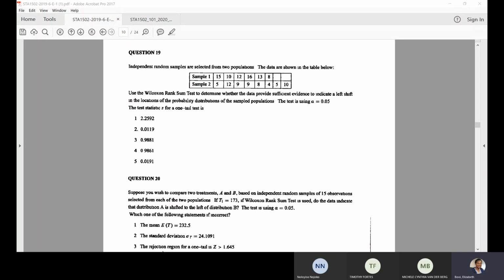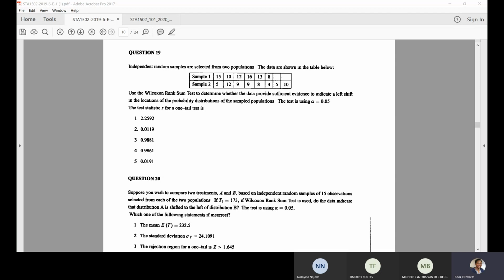They're asking you to calculate the test statistic. Remember, the test statistic is your T1, where you have the smallest sample size. So your test statistic for this one will be T1, which is the sum of your ranks.